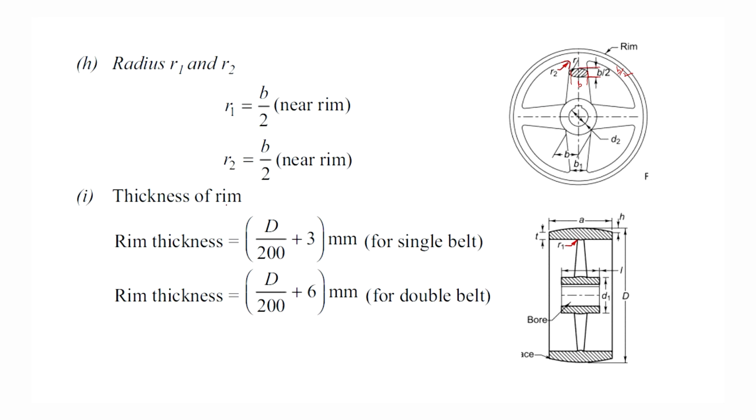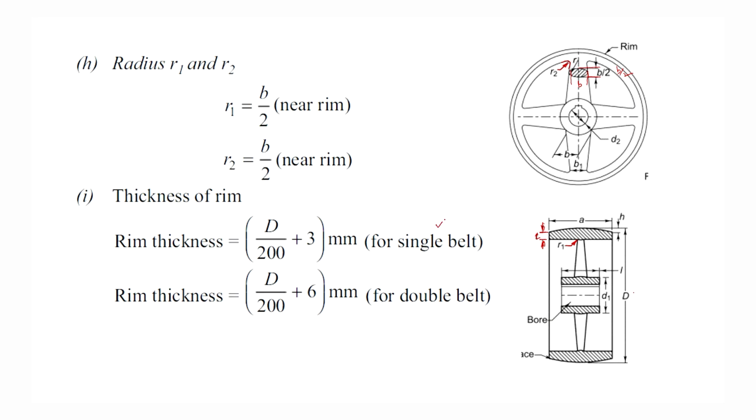Now, thickness of the rim. What should be the thickness of the rim? This one. It is equal to capital D, the rim diameter, divided by 200 plus 3 mm for single belt, and it is equal to capital D divided by 200 plus 6 mm for double belt.